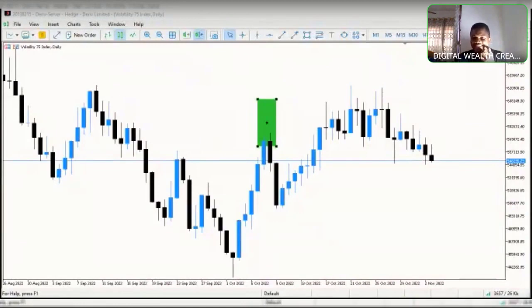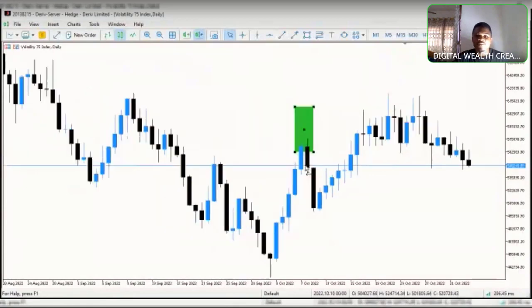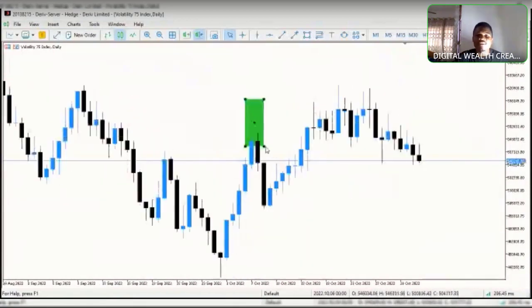Okay, that's not bad. But let me just take this opportunity to explain it a little bit further, right? All right, so we are here now. Now it's simple. The first candle that formed, the blue one, is a bullish candle. The next one is a bearish candle. So we are expecting the market to come down.